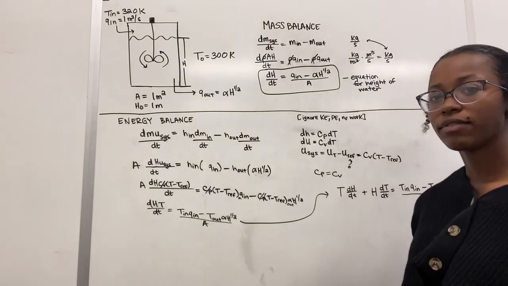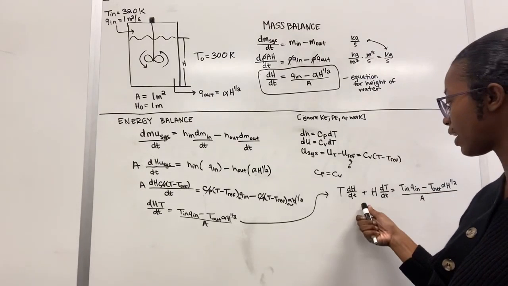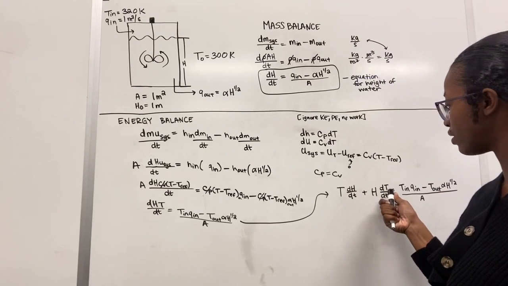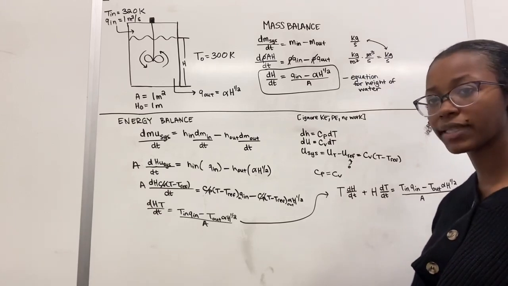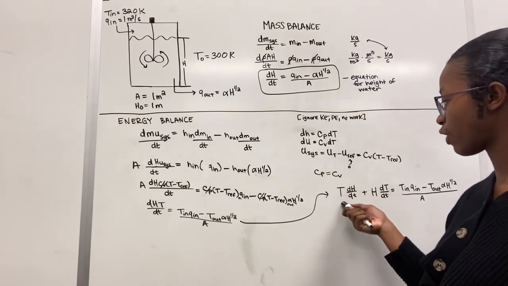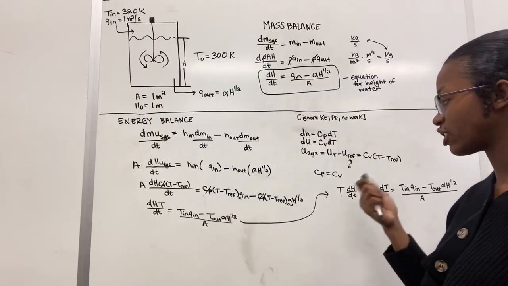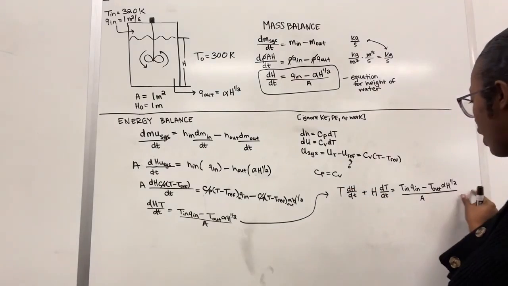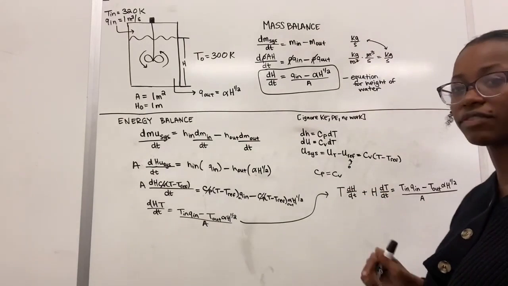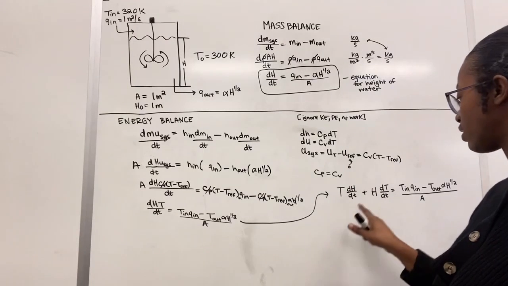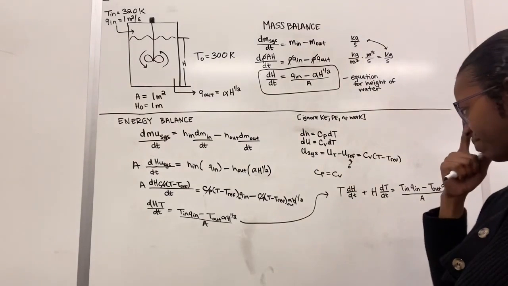And so all we have to do to isolate the change in temperature with respect to time is subtract the temperature times the change in height with respect to time and move it to the other side and divide both sides by the height.